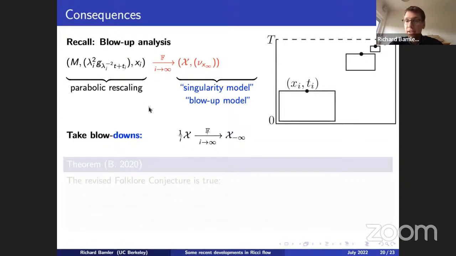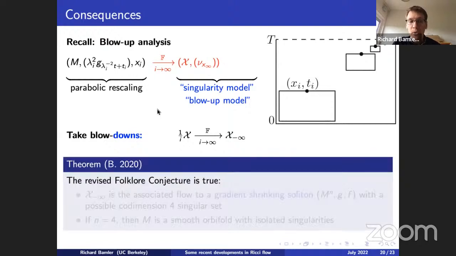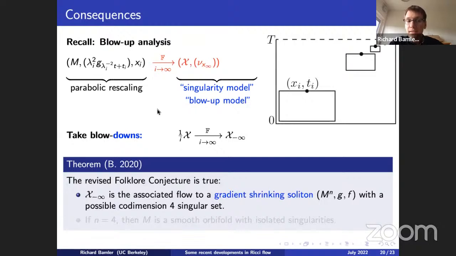So I can take another F limit here and I obtain another metric flow that has the same partial regularity properties. Okay. And then what can be shown then is that the revised folklore conjecture is true in the sense that this blow down limit of the blow up limit is given by a gradient shrinking soliton, or is the associated flow of a gradient shrinking soliton with a possible codimension 4 singular set.